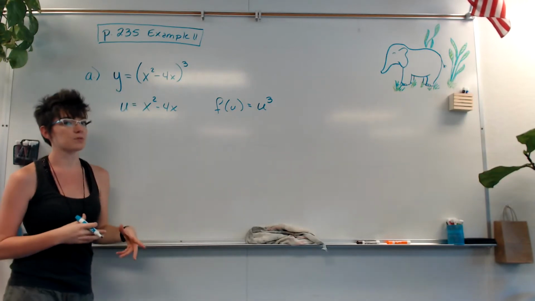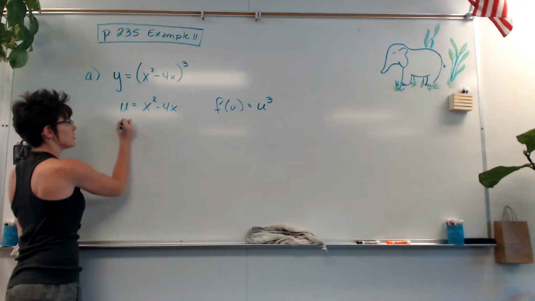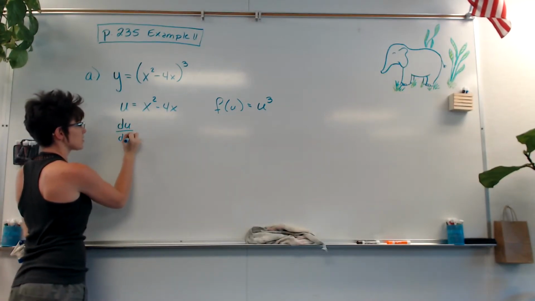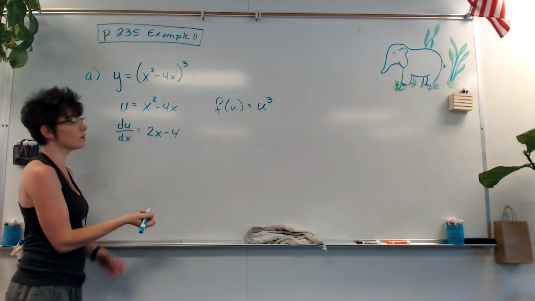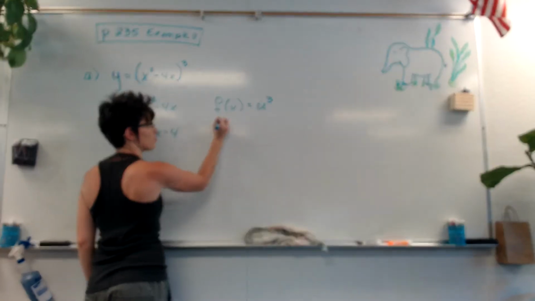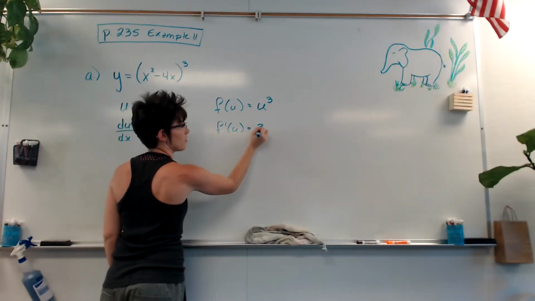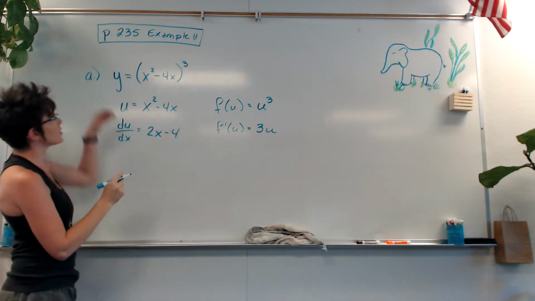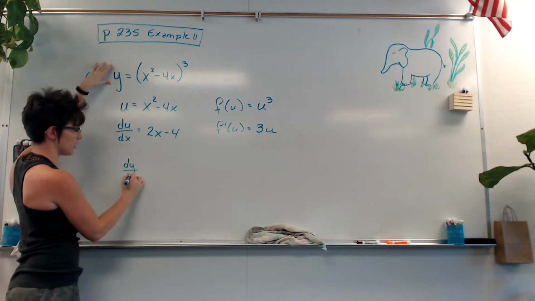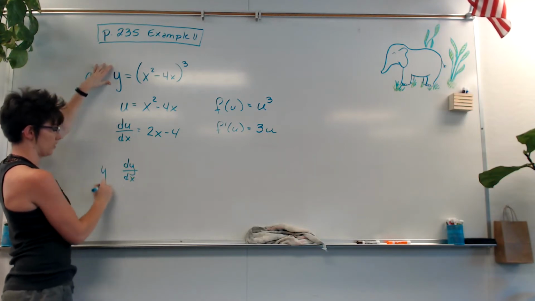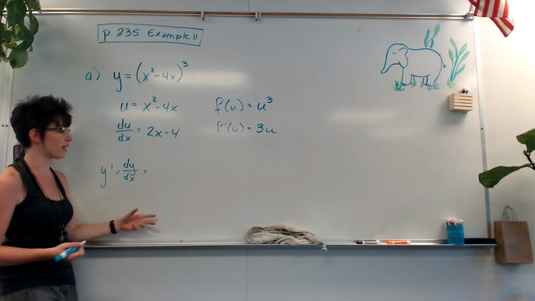All right, next step in this process is to find the derivative of your inner and outer functions. So this is du dx is equal to 2x minus 4, and that's just power rule, so using those exponents. F prime of u, again, power rule is 3u squared. Okay, so if I want to find our derivative of y, which you can call dy dx, or if you'd like, you can call this y prime, but I think for now dy dx is nice because you can put these steps together.